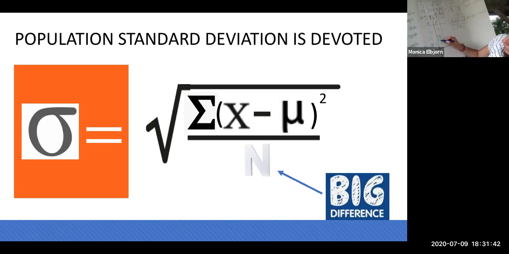So we got 206. So over here it's saying s, I'll try to write smaller. So s is equal to the square root. And what's our n? n will be equal to 3. 3 times, what's our sum of x squared?